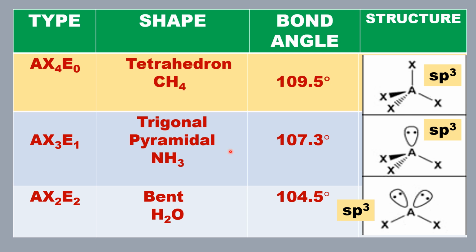In the ammonia molecule, the central atom is bonded to 3 hydrogen atoms, NH3, like AX3, and one lone pair. This is again sp3 hybridized.